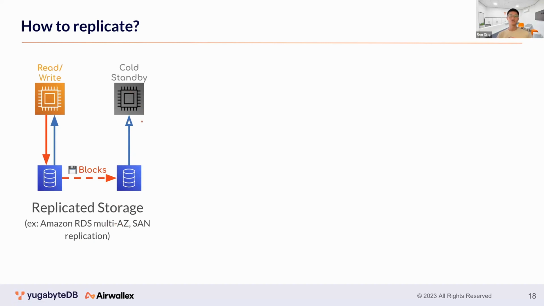It's not used for read-only requests, but with the latest version of RDS multi-AZ, you can use this node for read-only requests, so-called treat it as a read replica, right? So the replication happens on the storage layer.